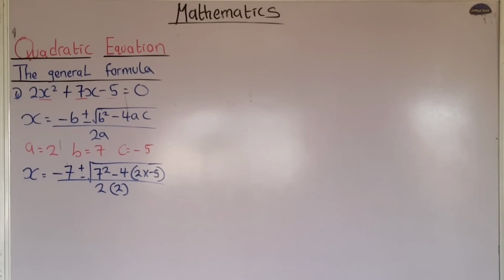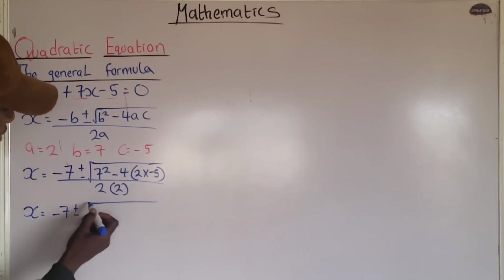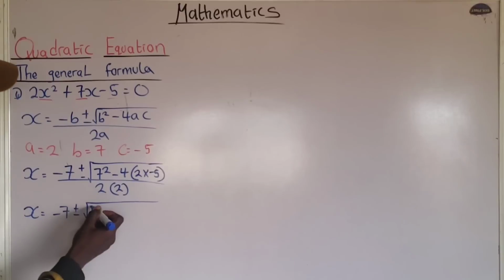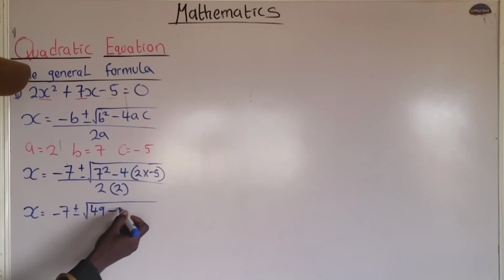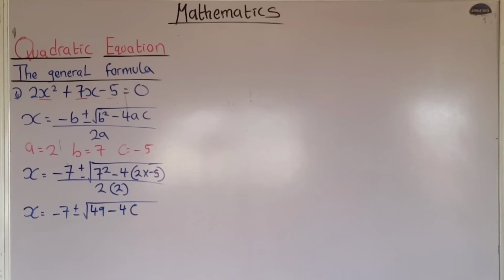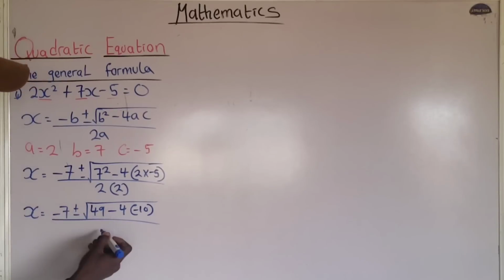Now, from this point, I'm going to have x is equal to minus 7 plus or minus the square root of, okay, 7 squared is 49. So I'm going to have 49 minus 4 multiplied by 2 multiplied by negative 5. 2 multiplied by negative 5 is what? Negative 10. So I'm going to have negative 10, all over 4. Do you understand? Okay?